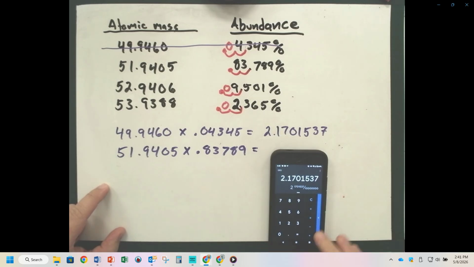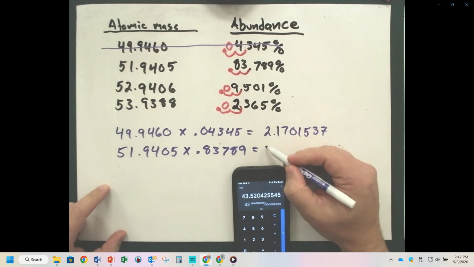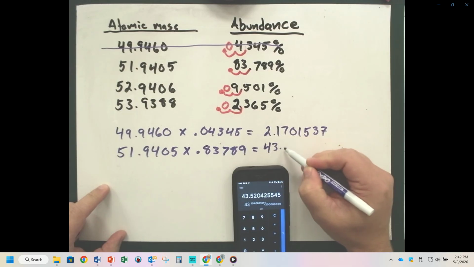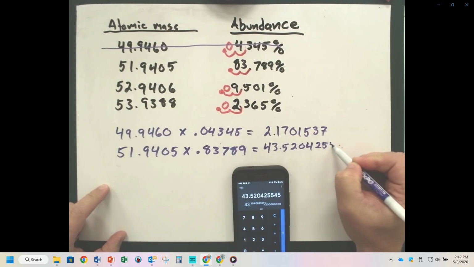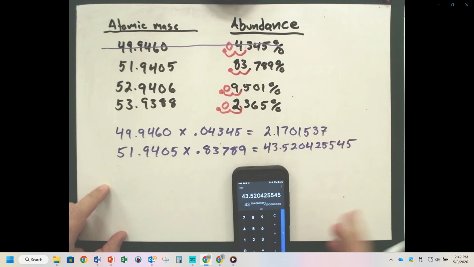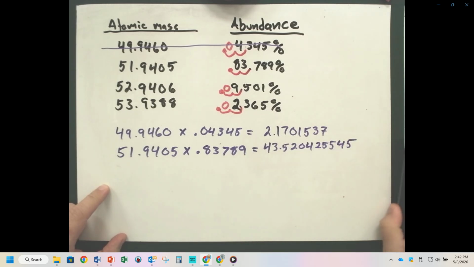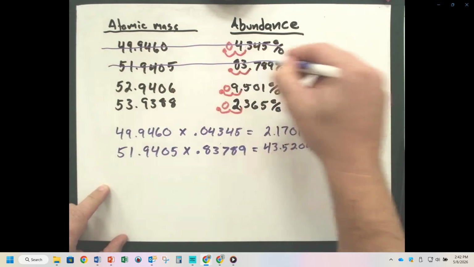So in the calculator, let's do 51.9405 times 0.83789 equals 43.520425545. Okay, so I've done that one.